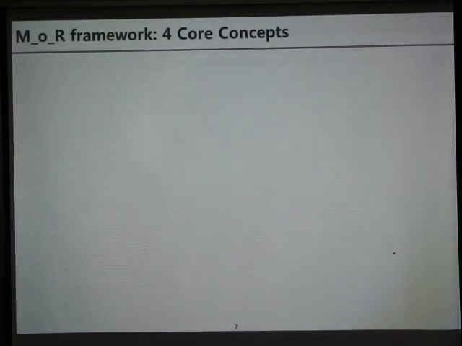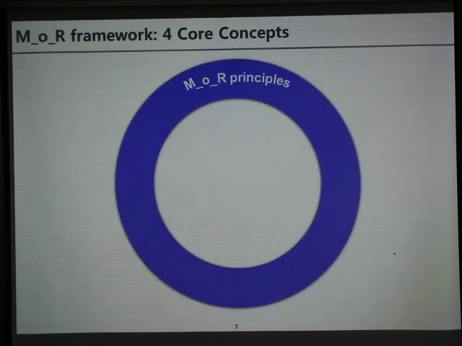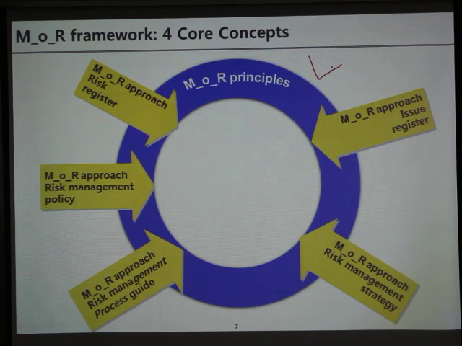We need to figure out that the MOR framework is based on 4 core concepts. A principle is a high-level and universal statement that provides guidance to an organization. The MOR approach is using management documents to manage and control risk.